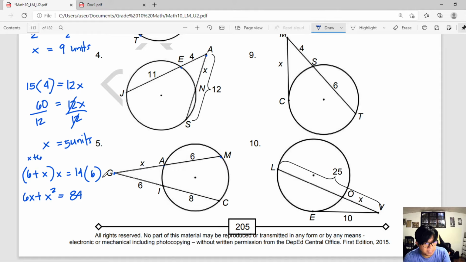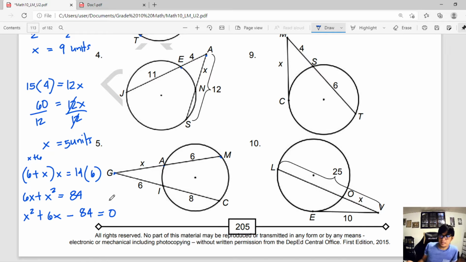So this one is x squared plus 6x, both positive, minus, moving it to the other side, 84, equals 0.